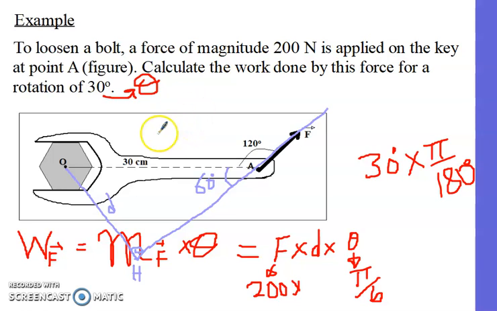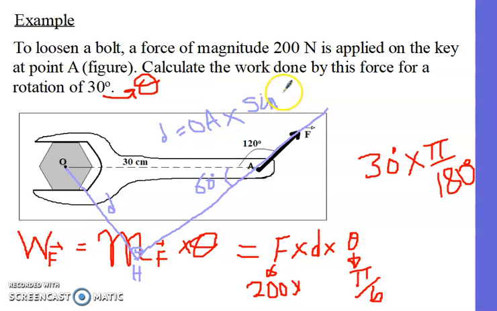Sine 60, or D, equals this distance, which faces the angle 60, equal to the hypotenuse OA times sine 60, because sine of an angle equals opposite over hypotenuse.